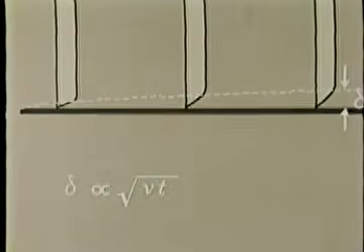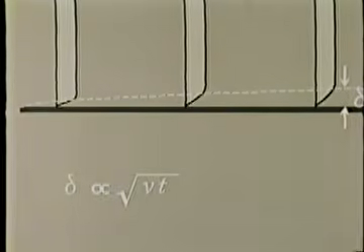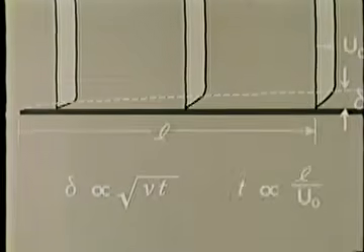The diffusion length delta increases as the square root of the product of the kinematic viscosity nu and the time of diffusion t. At a distance L from the leading edge, the diffusion time is proportional to L divided by the free stream velocity u0.